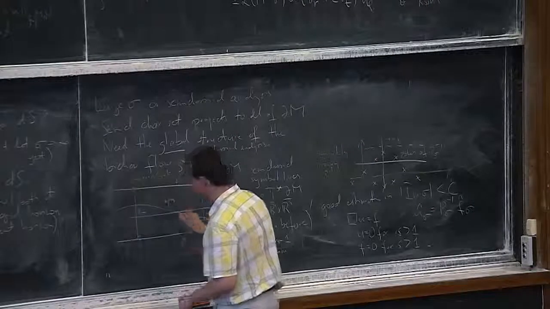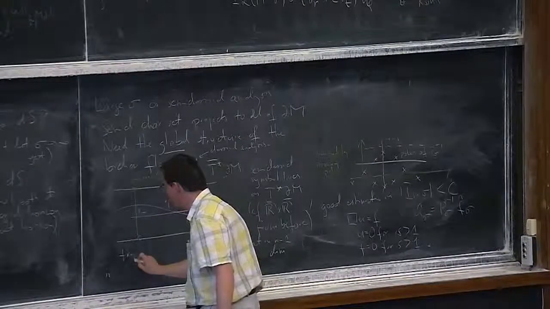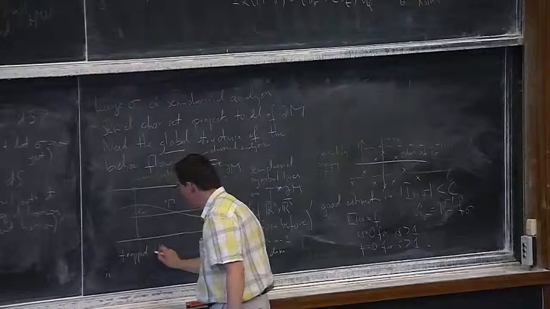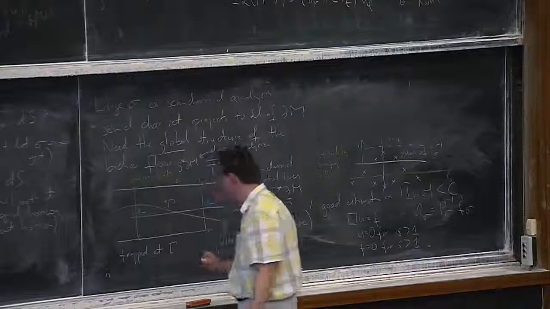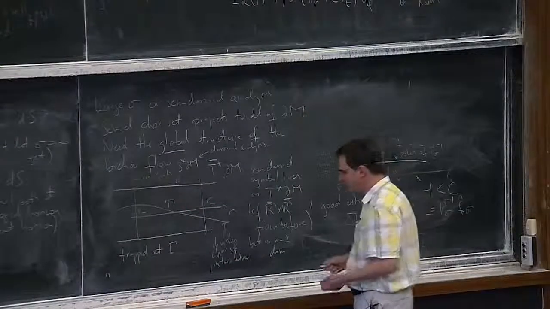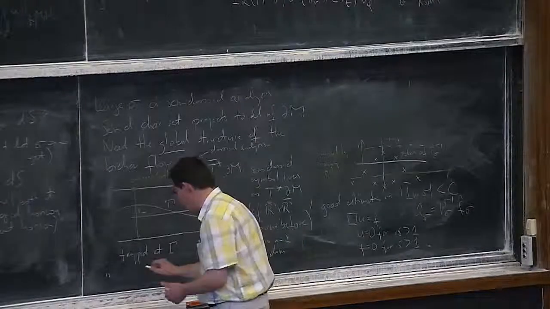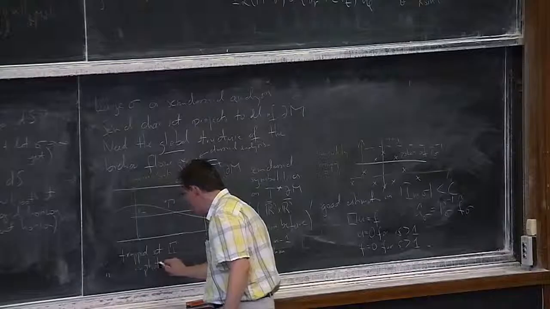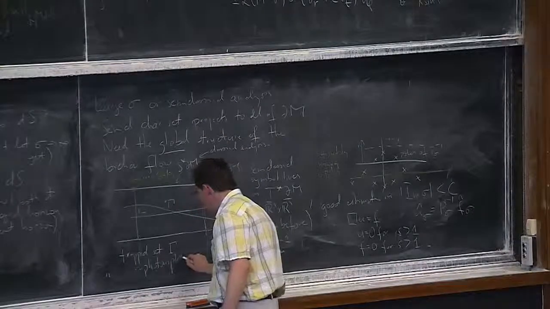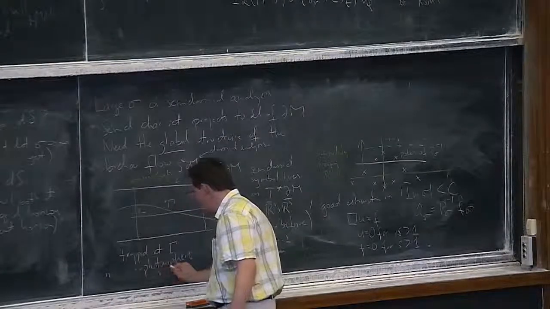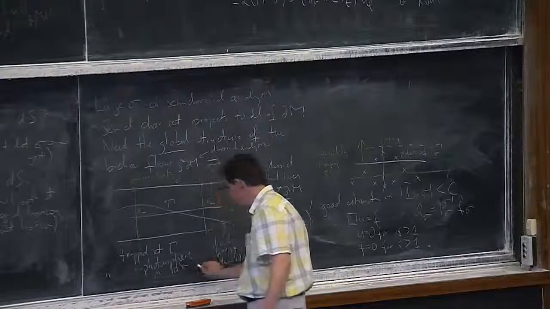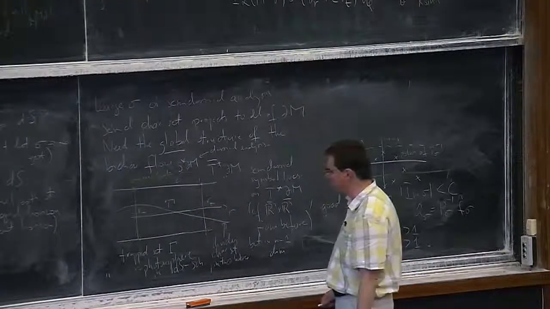So let's call this gamma. There's a trapped set, gamma. This corresponds to the photon sphere that you heard about in Schwarzschild, or de Sitter-Schwarzschild, but it's sort of deformed in Kerr.